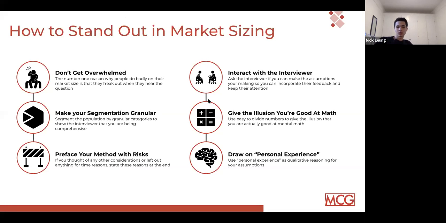Cool. And then the last thing, and this is similar to casing, is draw on your personal experience. A lot of the time in market sizing, you can use observations from your regular life as qualitative reasoning to back the assumptions you're making.